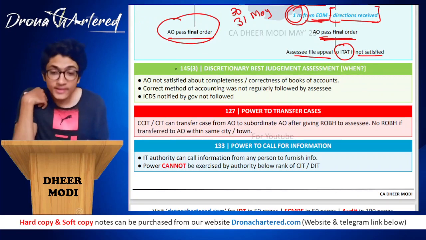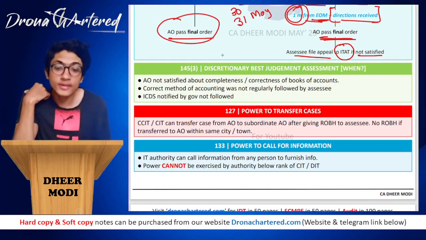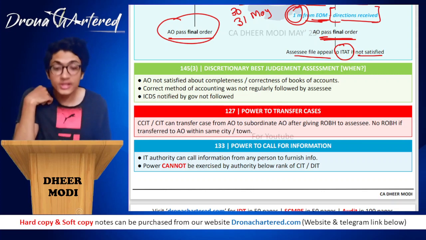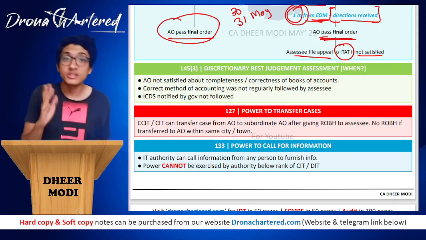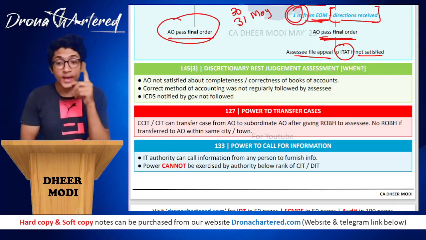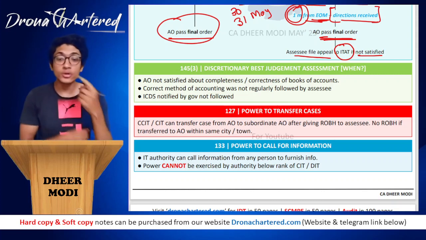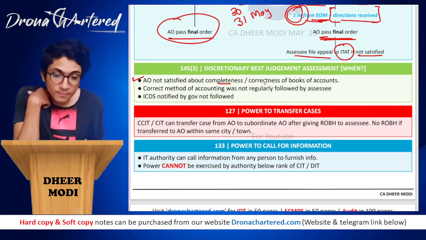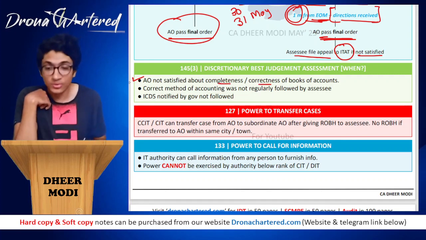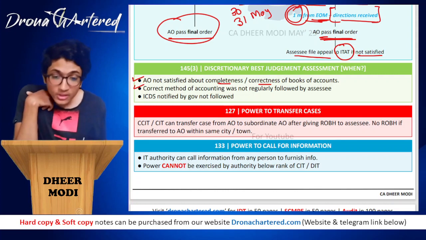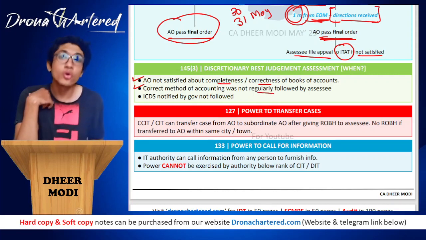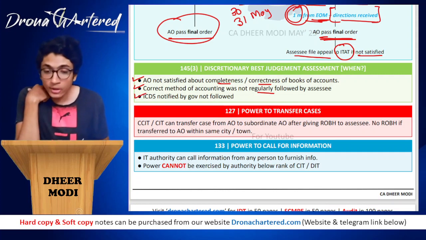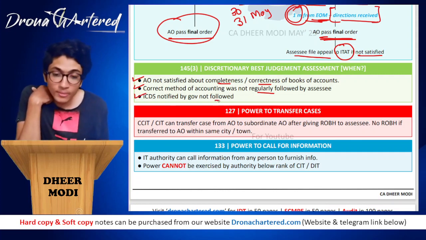Okay. Next is your section 145(3), that is discretionary best judgment assessment. That is, when will they do discretionary best judgment assessment? If you remember, best judgment assessment was section 144 and now we are doing 145(3), that is your discretionary. So if the AO is not satisfied about completeness or correctness of the books of accounts, or the correct method of accounting was not regularly followed by SSC, that means sometimes it has been some method, sometimes another method, and the ICDS notified by government has not been followed.